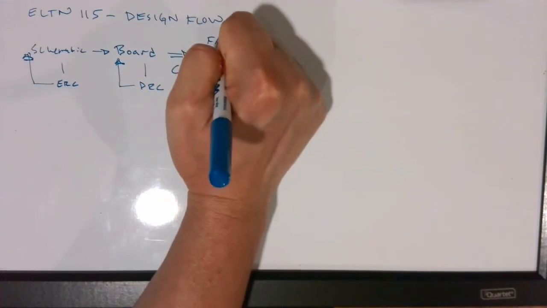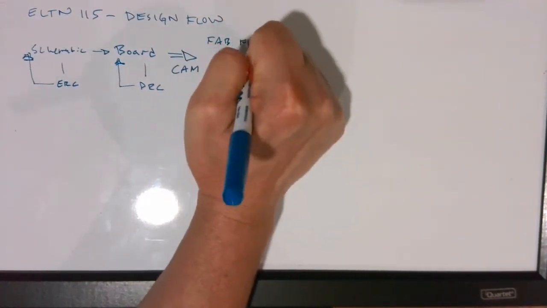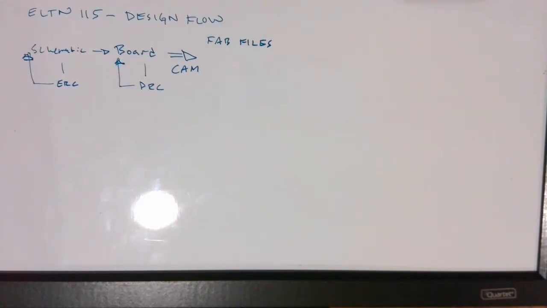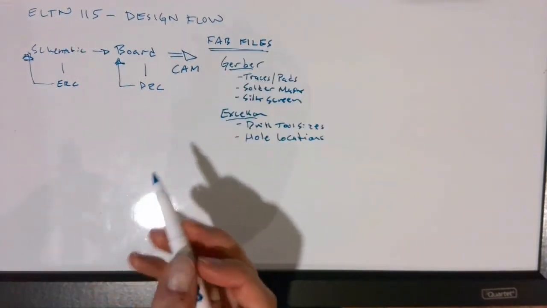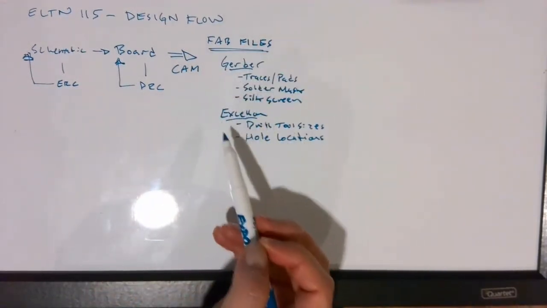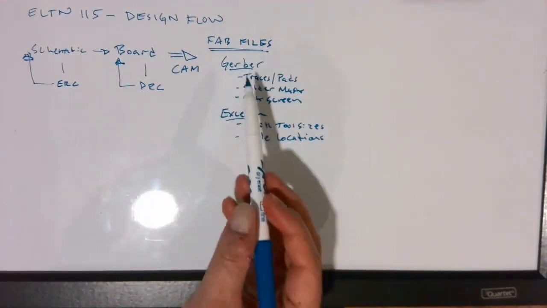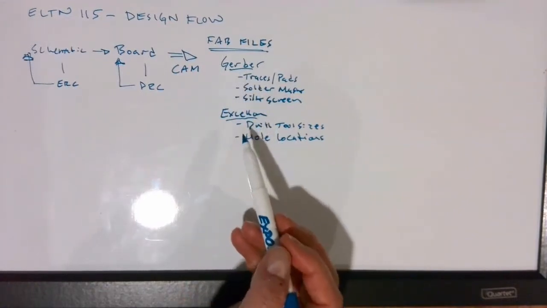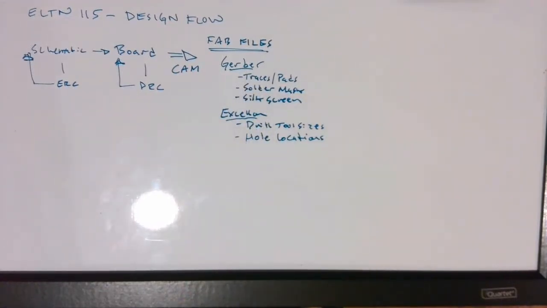I'll call these fab files. In this unit, I'm going to talk about some different file types, and I'm going to write these out real quick. The fab files are broken up into two different types, Gerber and Excellon, both named after manufacturing companies, and you'll learn a little more about that in the PowerPoint and the videos.